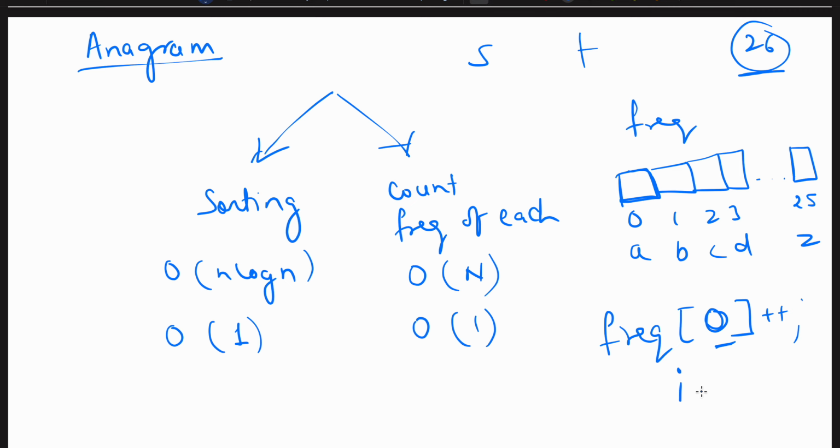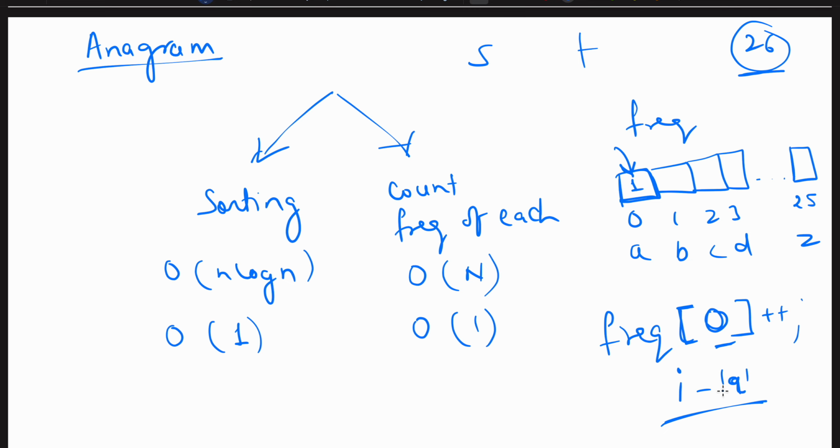If we do i, that is the current character, minus small a, if a comes, a character minus a character, as it is placed in square brackets, it will implicitly convert to integer 0, and we will reach here and will do 1. Similarly for b, 1 will come, and for z 25 will come.